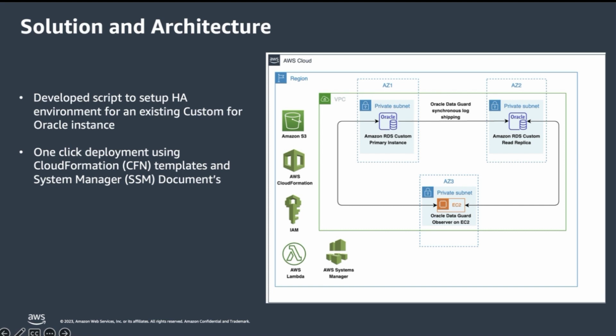Again, this is to ensure an RPO of 0. And then we will install and configure a data guard observer process on an EC2 instance in a third availability zone, preferably, but this is not a requirement. This will observe and monitor the primary and standby for any failure.